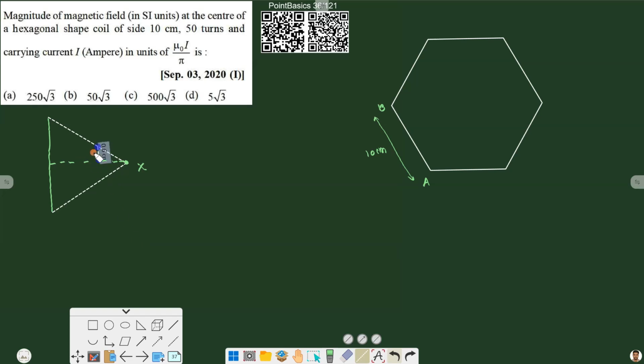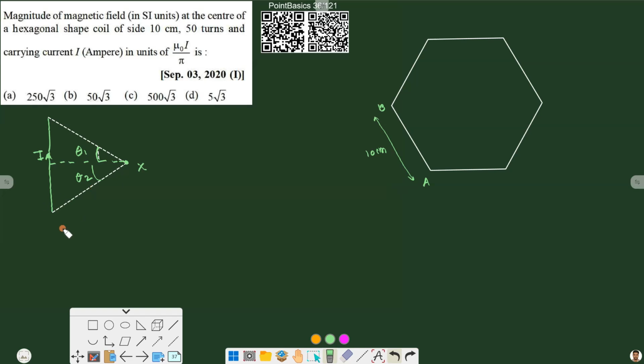Assuming this angle is theta 1 and this angle is theta 2, and there is current I flowing through this conductor.